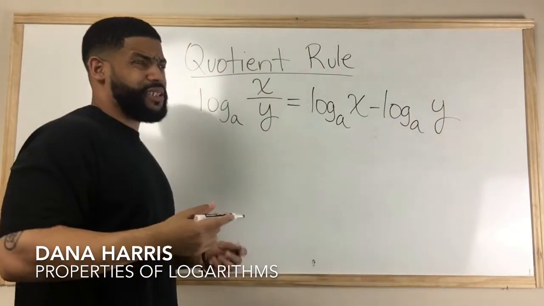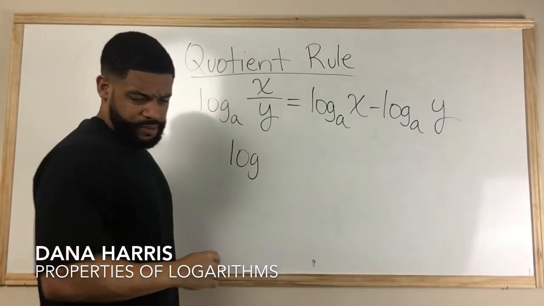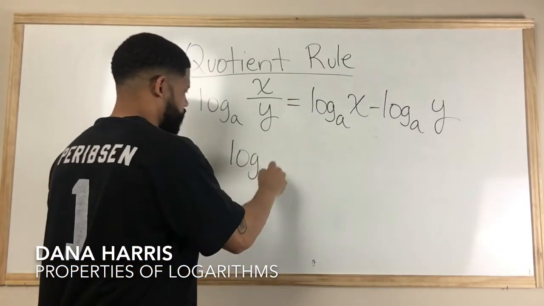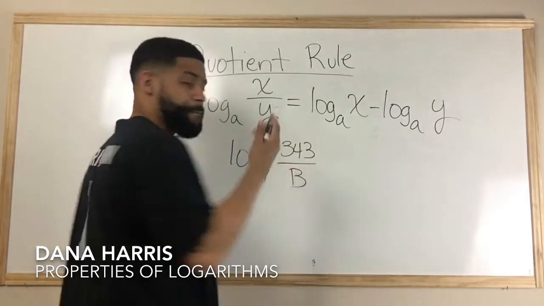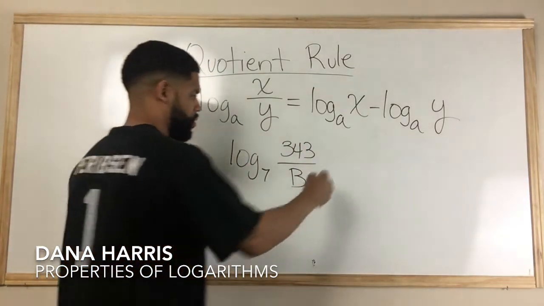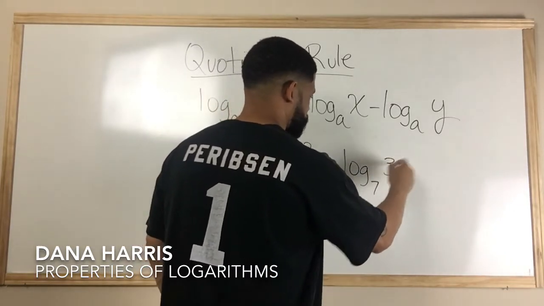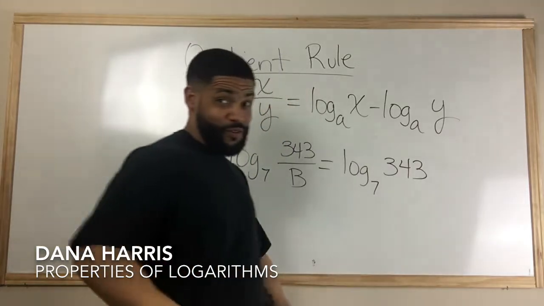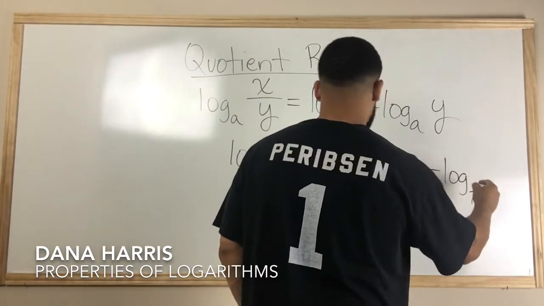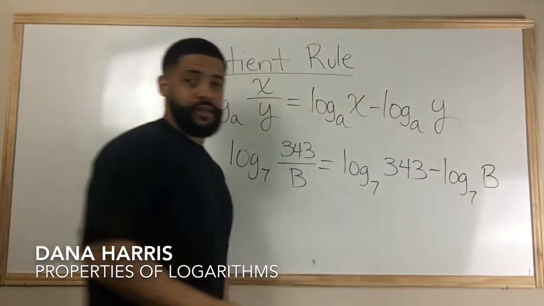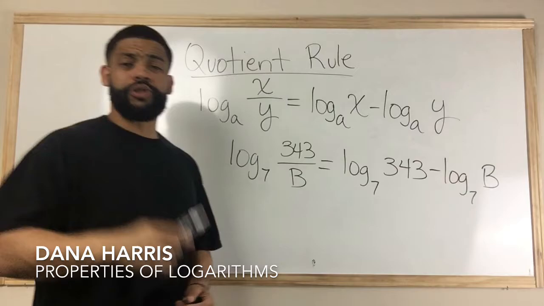So for example, let's say log base 7 of 343 over b, and I want to expand that. So I'll say log base 7 of 343 minus log base 7 of b. Okay? So that's the expanded version. Once again, this is the quotient rule.